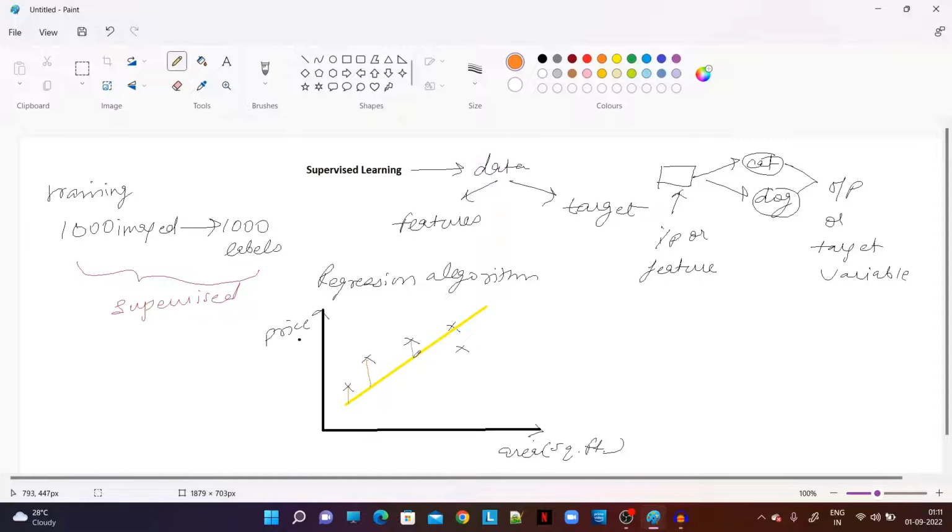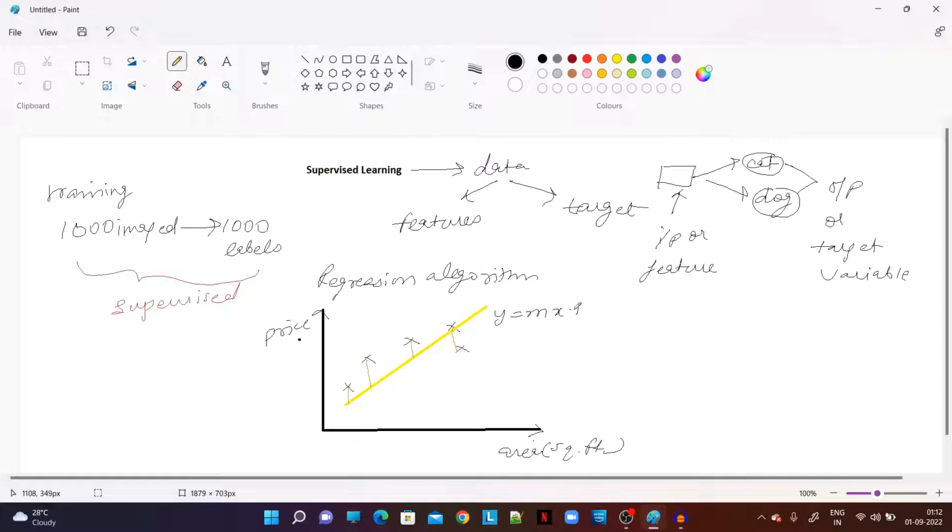So this is the fitting of the line such that the cumulative distance is minimum. This could be the best fitting line, and for this line we would have an equation, and we all know that the equation of a line is y equals mx plus c.